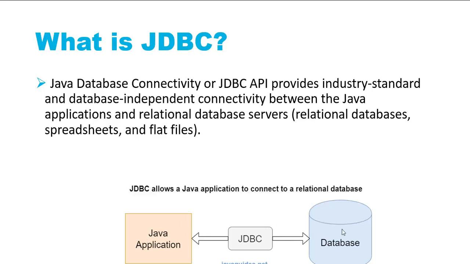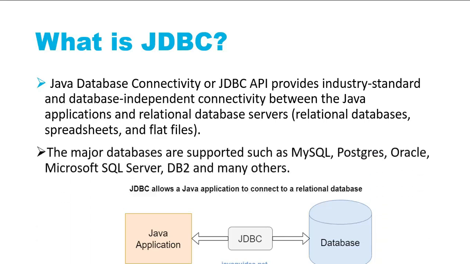So we can use the JDBC API to connect a Java application with these relational databases, spreadsheets, and flat files. All right. So here you can see the diagram. Here it is a Java application and the database, and we use the JDBC API to connect the Java application to the relational database. All right.